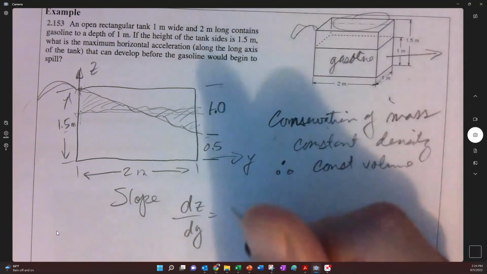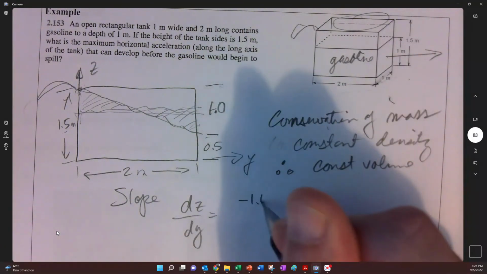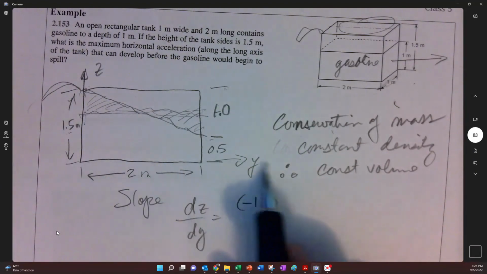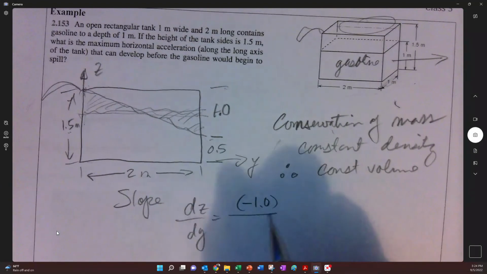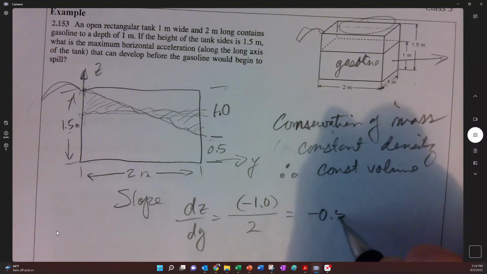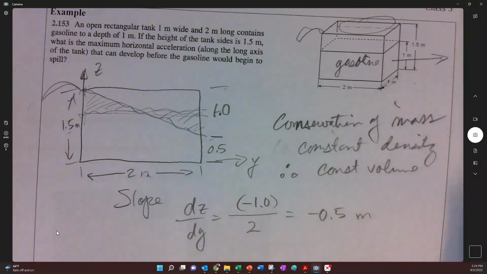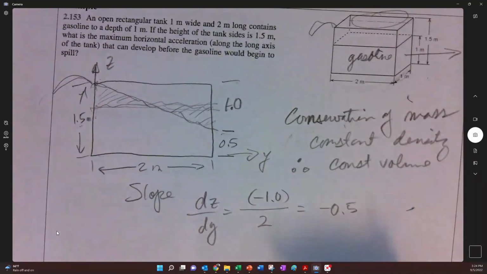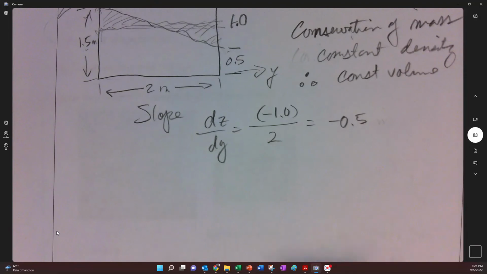I'll go 1 right here, but that's actually a negative 1 meter because it's going downwards as we go with increasing y. And then right here it's going to be 2 meters, right? So we have a negative 0.5. Well, there's no units, right? It's meters per meter if you want, right? But that is the slope that we're looking at.